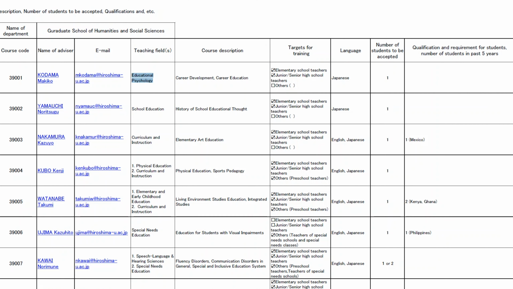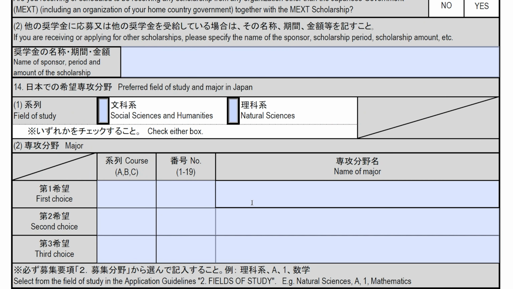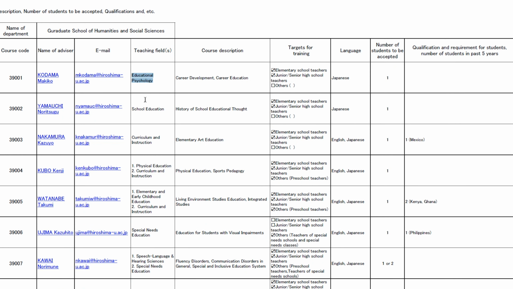You have to check it out from all of this. And then finally here, name of the major. What are you majoring in? You can also check from here, and in this case it means you'll be majoring in career development or career education, depending on what you have chosen.